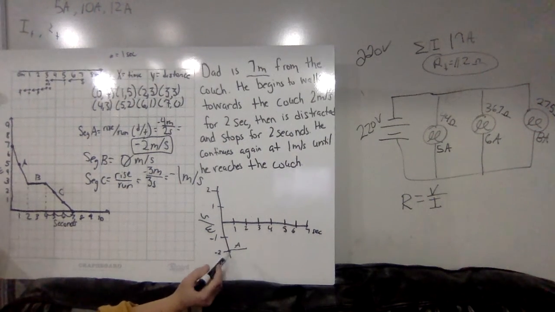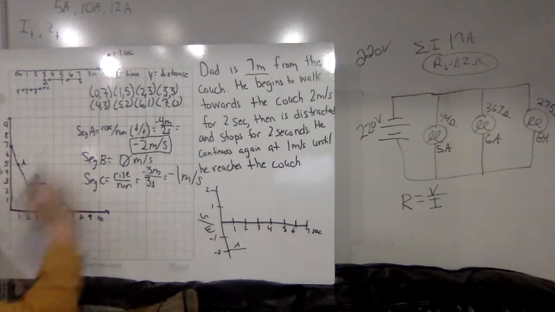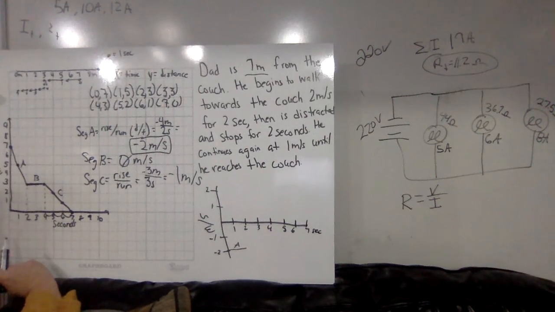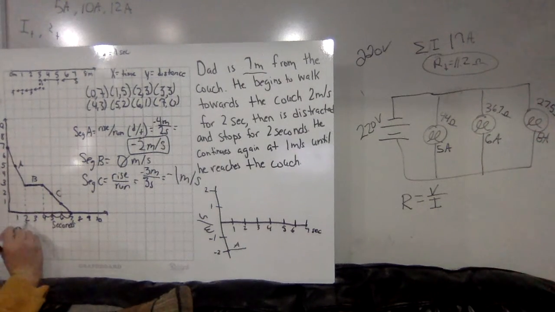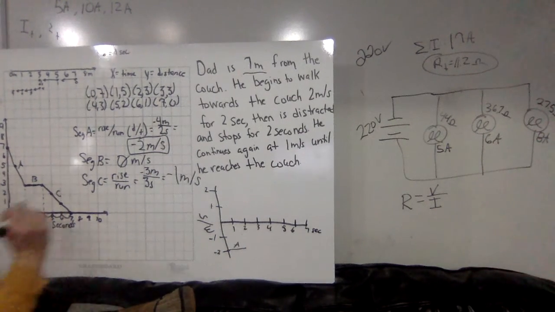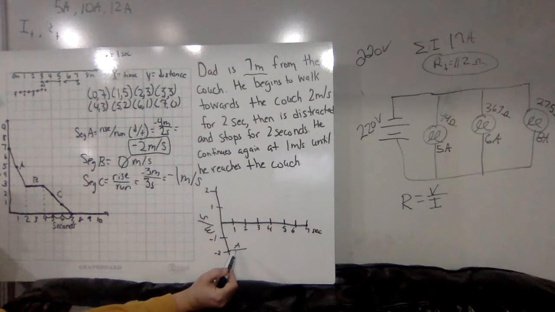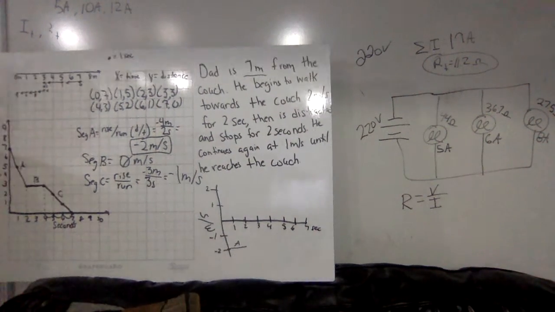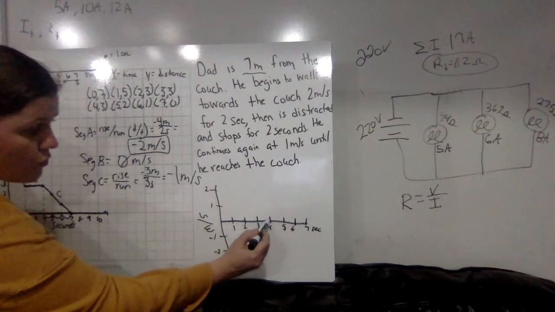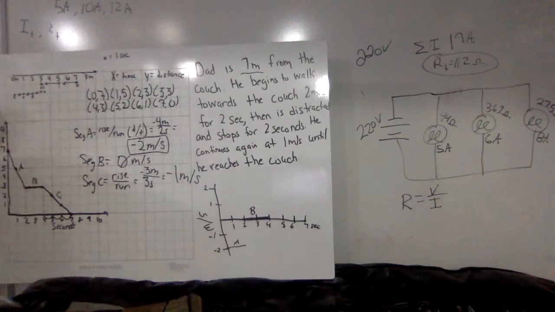That tells me that between 0 seconds and 2 seconds, my object was moving at negative 2 meters per second. If I look at segment B, that happens between 2 seconds and 4 seconds. Now, your segments over here cannot overlap, but time doesn't have any gaps in it. So we have to begin this at 2 seconds and we have to end it at 4. So from 2 to 4, right here, is going to be segment B.